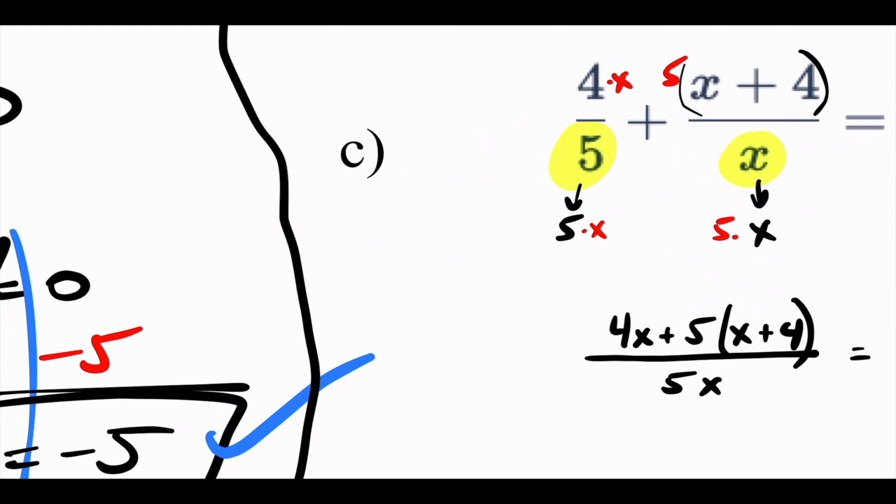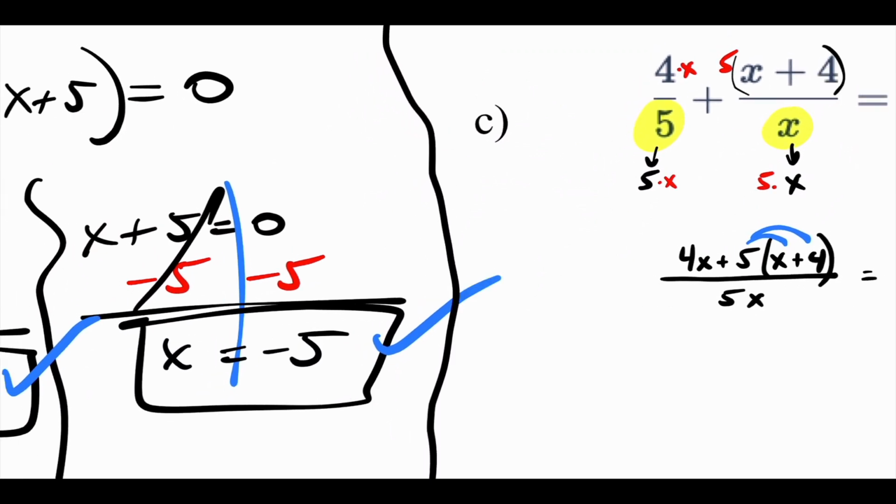Right? We do what we did on the quiz. Distribute. So when I distribute, I get 4x plus 5x plus 20.